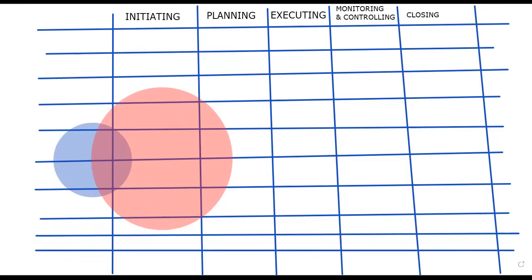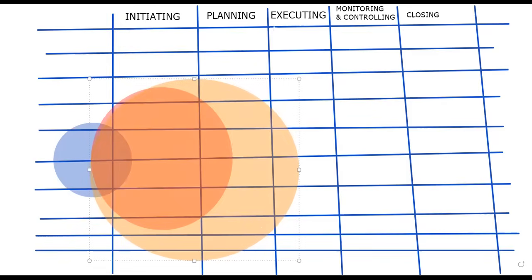Now, in terms of monitoring and controlling, I want you to think about it like this. Monitoring and controlling is all encompassing, so there's a lot of overlap all throughout. In fact, you're monitoring and controlling all throughout the project.